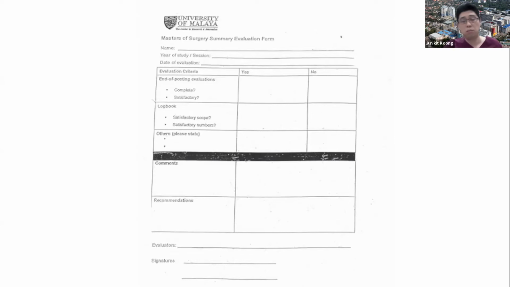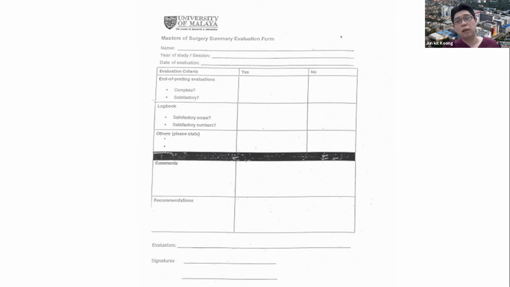If you do pass, okay. If let's just say we feel that there are a lot of issues. For example, there are issues with your posting assessments, your case write-up is not complete, your logbook has severe deficiency, and a lot of trainers have put into the form that they are not ready, they do not think they are safe to be a general surgeon and to take the exams.